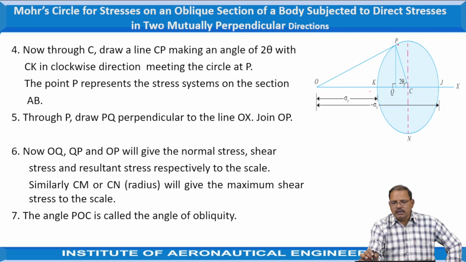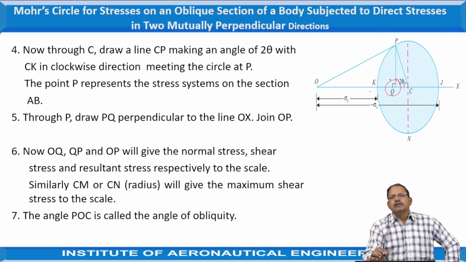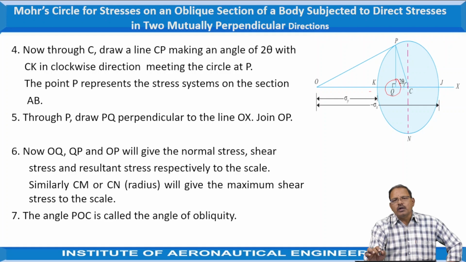Now through P, draw a line to meet the starting point O, that is OP. At the same time, draw a perpendicular from P to meet the line OJ at a point Q, as shown in the figure. That is, from P we draw two lines: one joining the initial position O, that is OP, and the second is PQ.